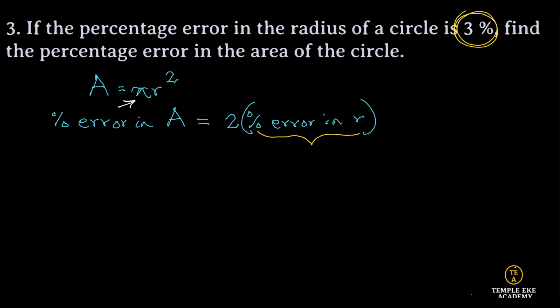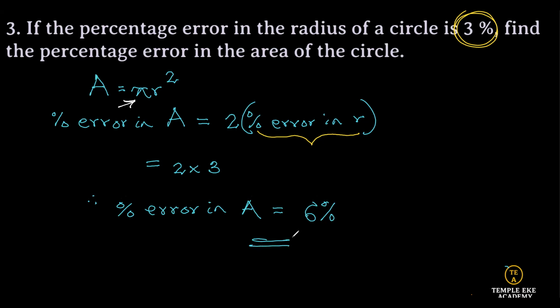So we have, therefore, the percentage error in A is going to give us 2 multiplied by the percentage error in R, which is actually given to us as 3. And we have, therefore, the final analysis, the percentage error in the area of the circle is equal to 2 multiplied by 3, and that is 6%. Our final answer.